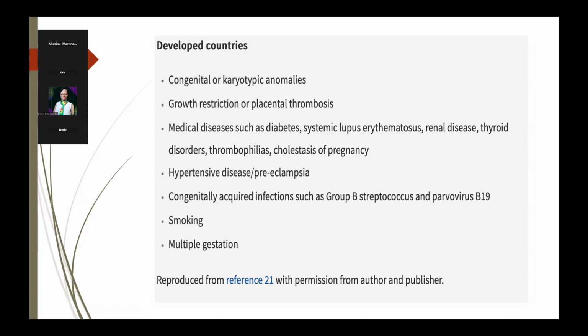But here we're talking of a special type of bacteria called group B streptococcus. Smoking and twin pregnancy also predispose to stillbirth. Every twin pregnancy is considered a high risk pregnancy where there's a risk that one baby will die and leave the other. And if there are three, it becomes even more complicated.